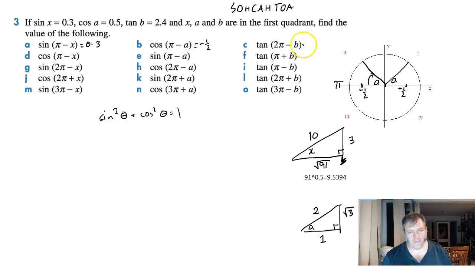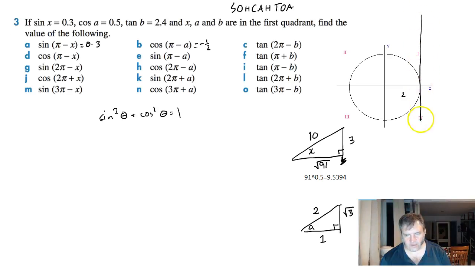It's all okay. Tan of 2 pi minus b. Well, b, they seem to only be dealing with tan, so let's just go with that for the tan ones. So, if the tan of b equals 2.4, well, tan comes from the word tangent, so there's my tangent axis.